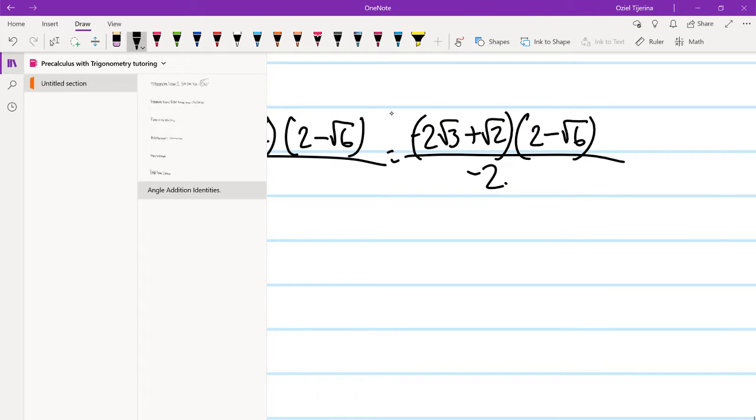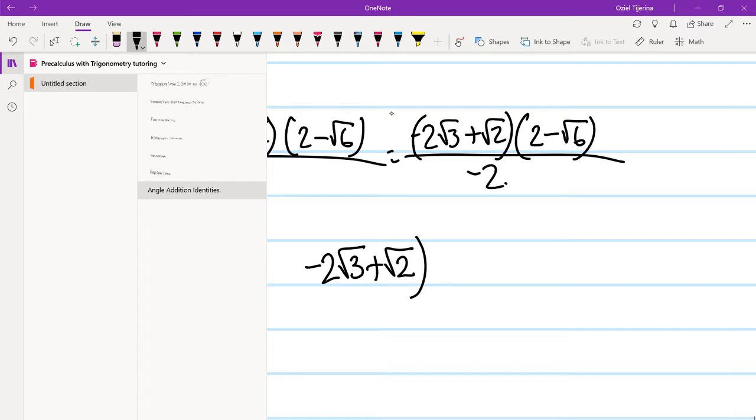I mean, you can simplify it if you want. Actually, let me try to do it. If you really want to, you can multiply both of these out.